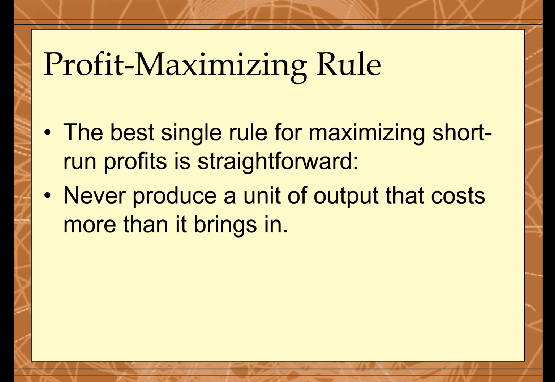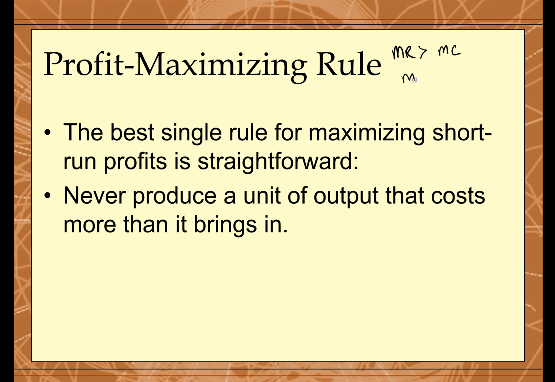The revenue that the last unit earned is called MR, marginal revenue. The cost incurred by producing one more unit of output is marginal cost. So keep increasing the rate of output as long as MR is greater than MC.